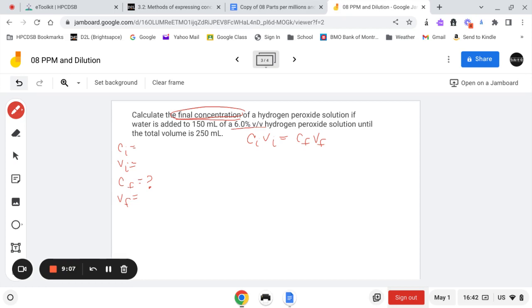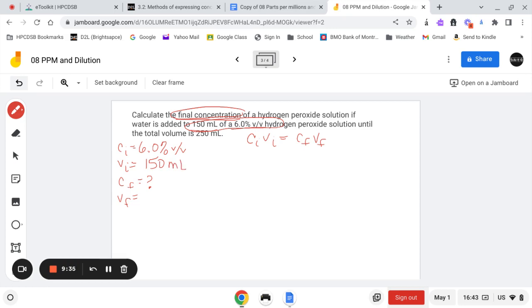It could be in percentage, it could be in parts per million, it could be a molar concentration. They're telling us that this is a 6% volume, okay? And we'll write that down. What's the initial volume? Well, it says, if water is added to 150 mL of 6%, so that's my initial volume of the 6% solution.